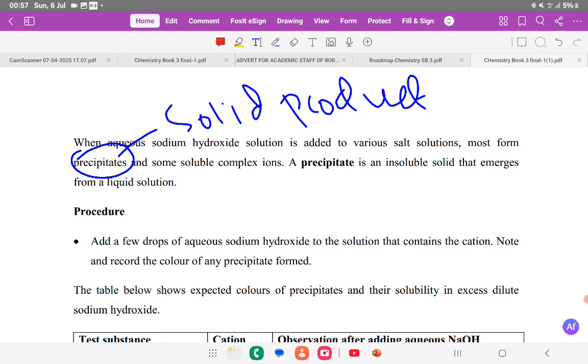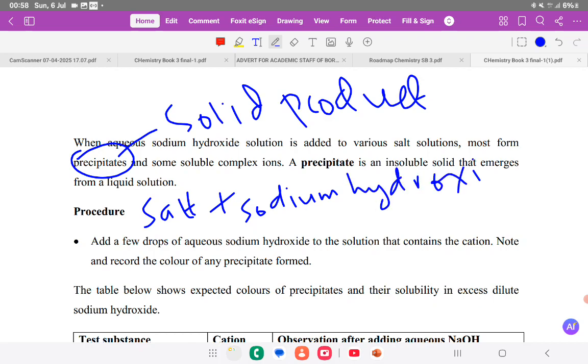So we are saying you have these ions, you get a salt added to sodium hydroxide, the product is usually a precipitate. A precipitate is just a solid.